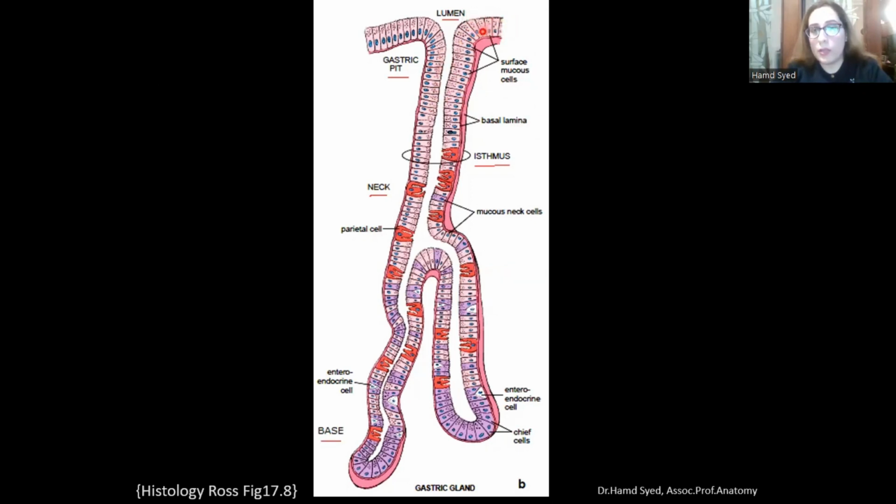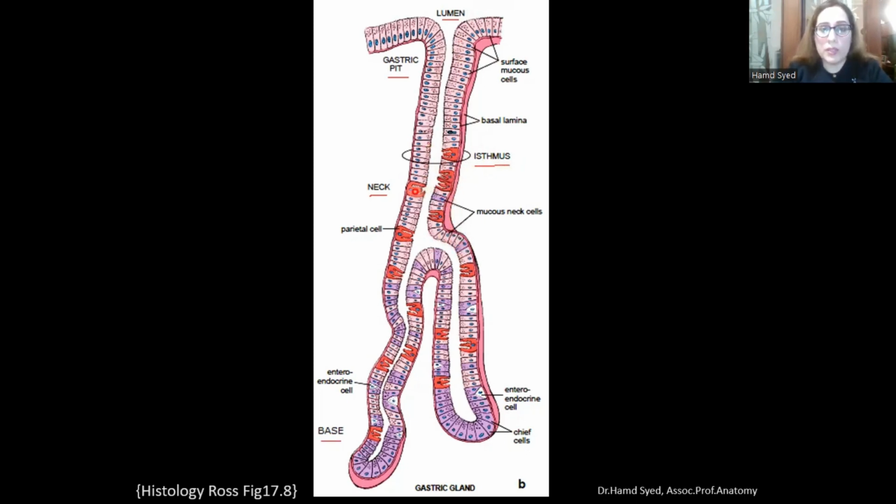They are present within this epithelium. And when the actual gastric gland begins at the isthmus, then we can see the other cell populations appearing. Amongst these are the mucous neck cells. They are slightly different from the surface mucous cells.